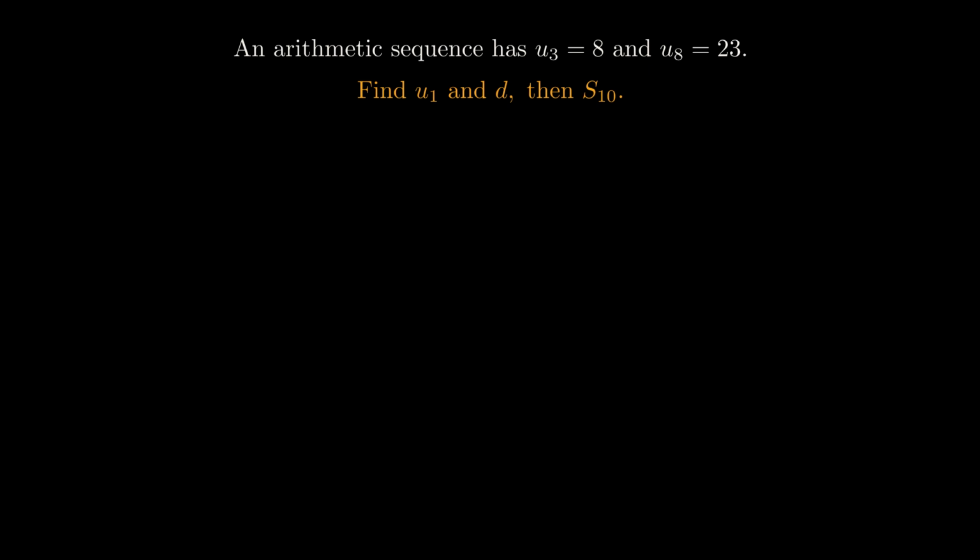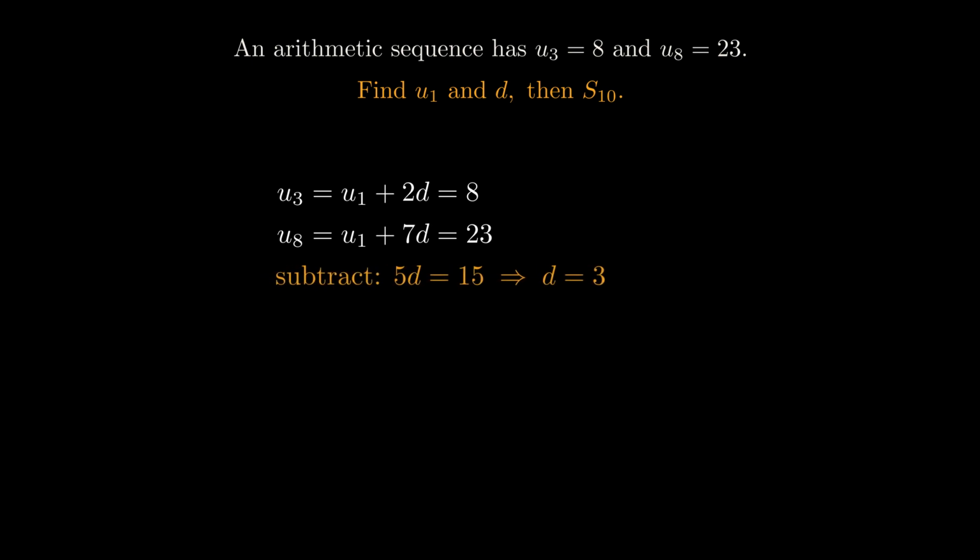Turn each fact into an equation with the nth term formula. Third term, u1 plus 2d equals 8. Eighth term, u1 plus 7d equals 23. Subtract the first from the second. The u1's cancel, giving 5d equals 15, so d is 3. Put that back to get u1 equals 2.